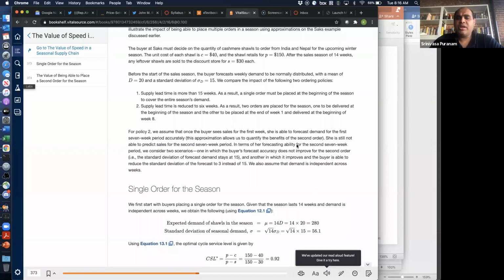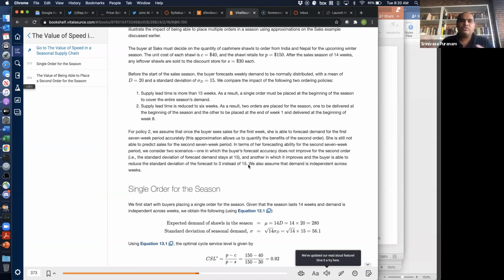In terms of her forecasting ability for the second 7 week period, we consider two scenarios. One in which the buyer's forecast accuracy does not improve, and another in which the buyer's forecast accuracy does improve. So by observing data from the first week, she's able to exactly predict what's going to happen in the first 7 weeks. Not only that, there is a potential for her to have a better idea of what's going on in the second half.